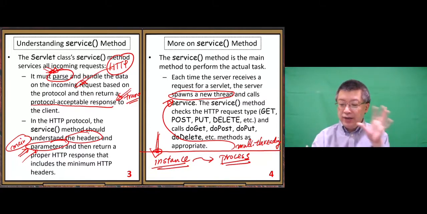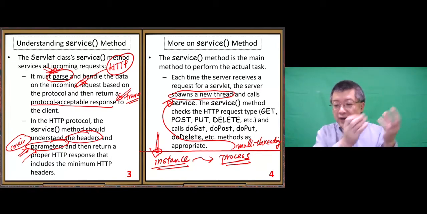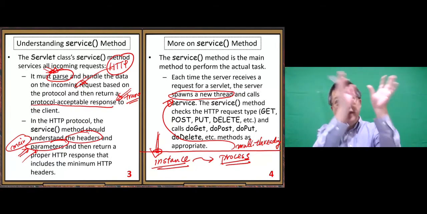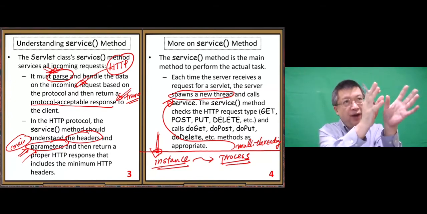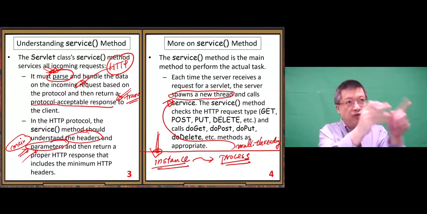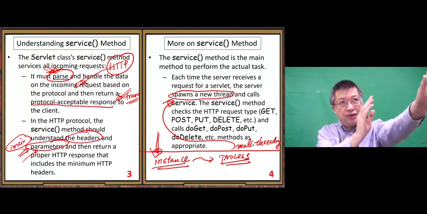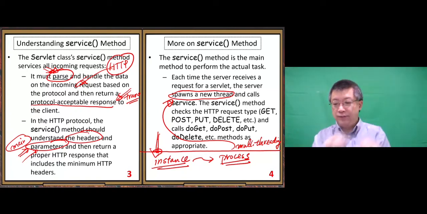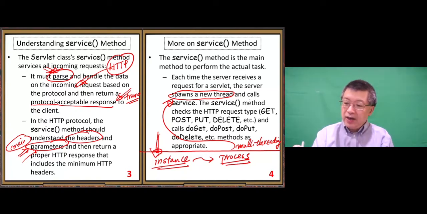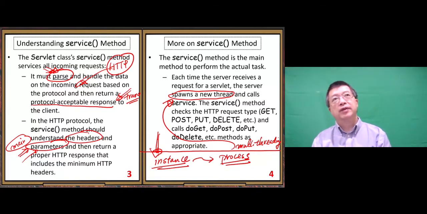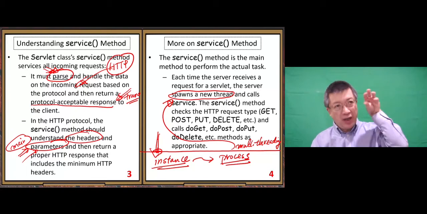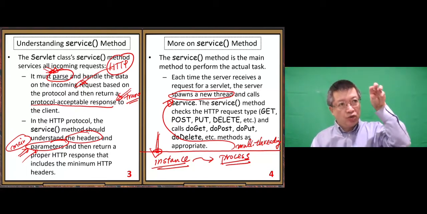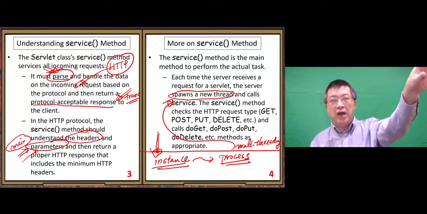That's why the servlet process spawns a thread. That particular thread provides service for one client, one user, and it calls this service method, because this service method only does the service work for one client.